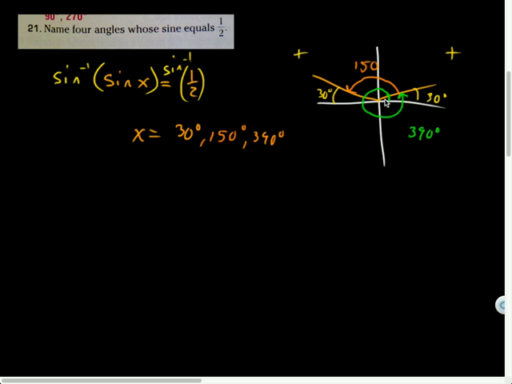So 150 plus 360 would be 510 degrees. So those have to land in those quadrants specifically. I also technically could have had negative 330 degrees or negative 210 degrees, or technically infinitely many answers to this, but we narrowed it down to some of the ones that were closest to smaller values.